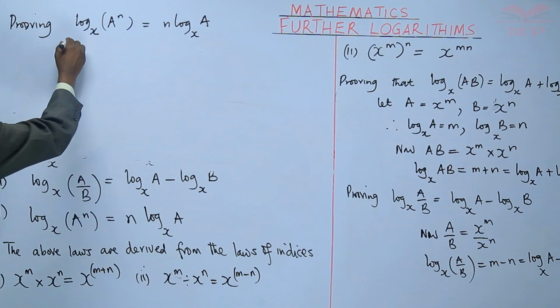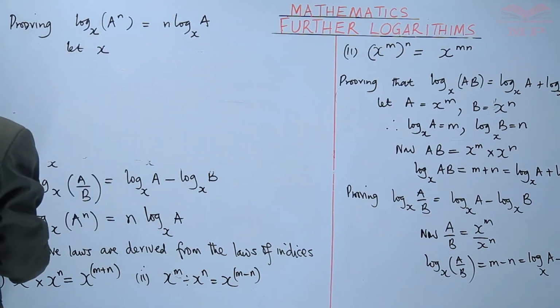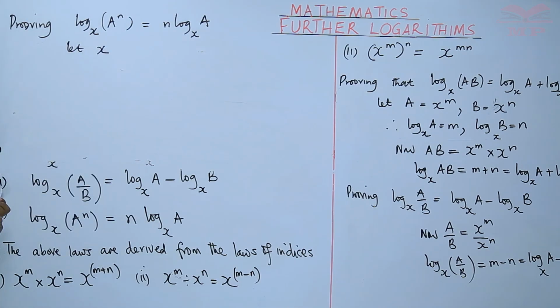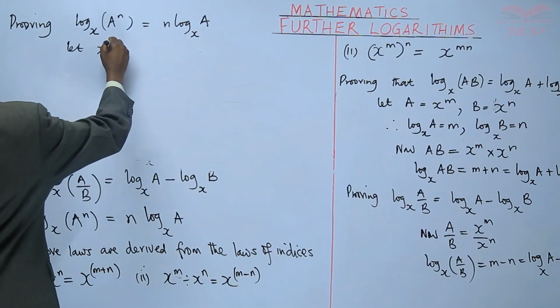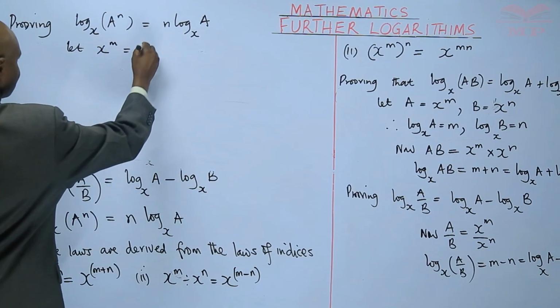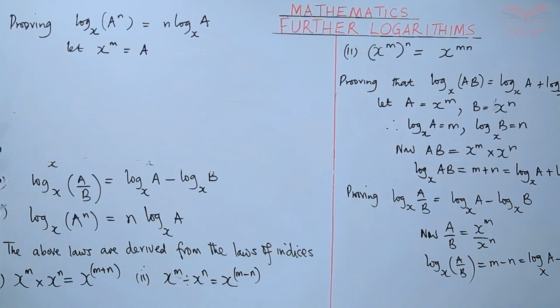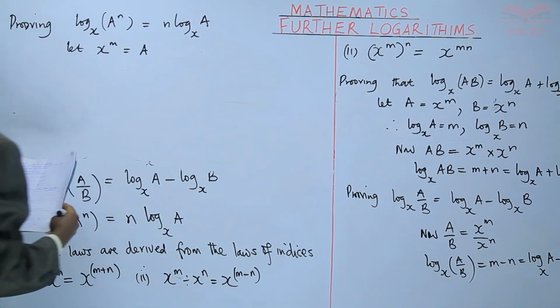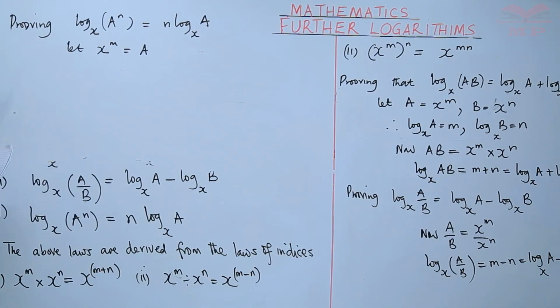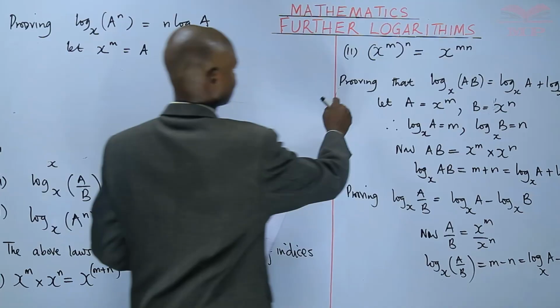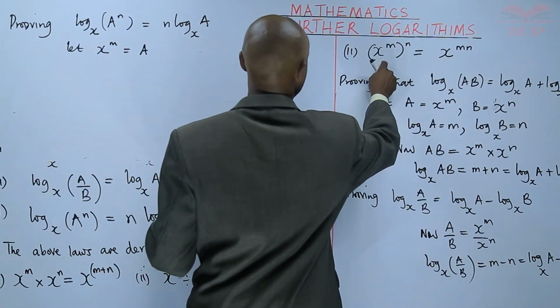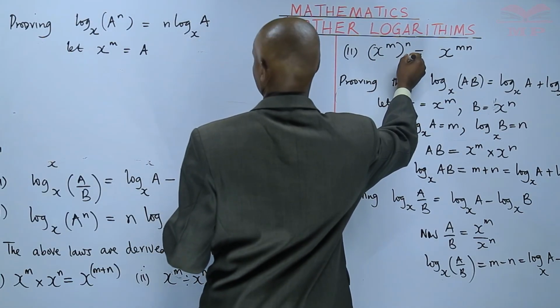Let x raised to m be equal to a. For the third one, this index is the one that we are supposed to use.